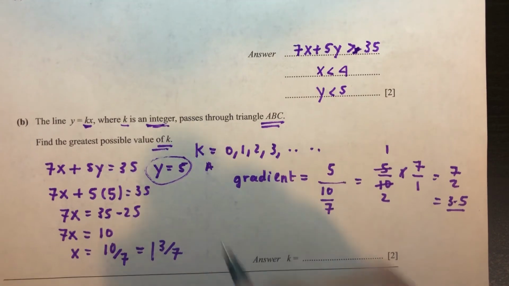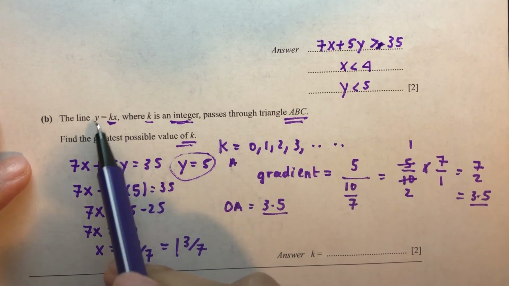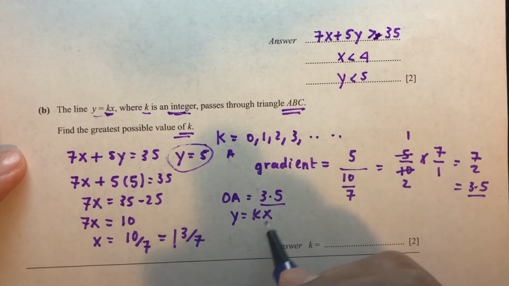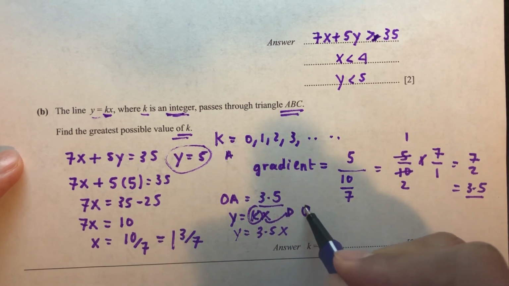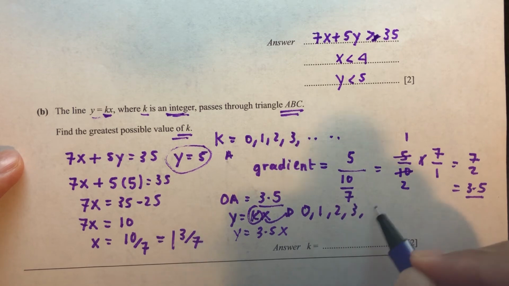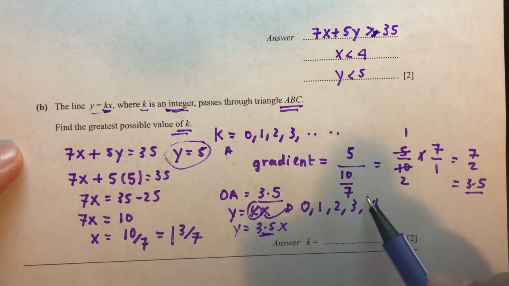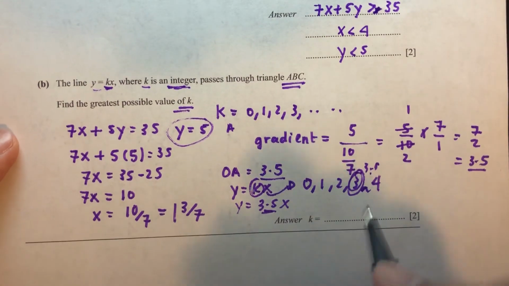So the gradient of OA is 3.5, which means the maximum gradient that the line y equal to kx can have is 3.5. But k is an integer. It can only take the values 0, 1, 2, 3, 4. So the greatest integer it can be, it cannot be 3.5, but it can be 3. That's the greatest integer it can be. So k is equal to 3.